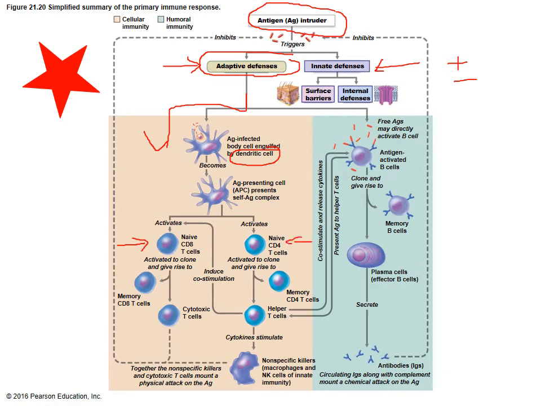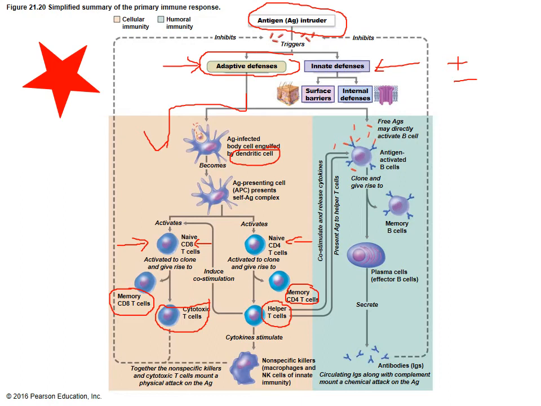Your CD4 cells will mature and become activated, and eventually will form your helper T cell, your suppressor T cell, as well as your memory T cell, whereas your CD8 naive cell will eventually become your cytotoxic T cell, which can directly kill the foreign antigen, and we're also going to have some memory T cells that are formed.